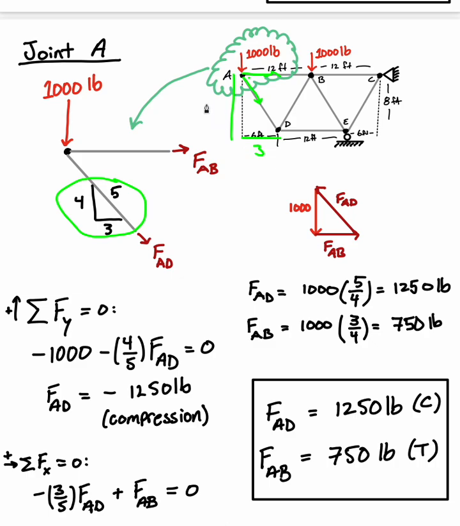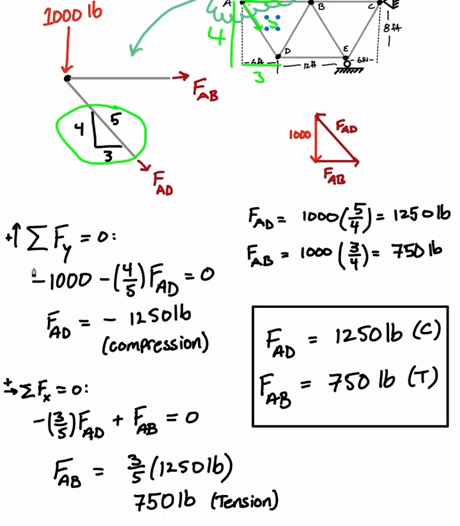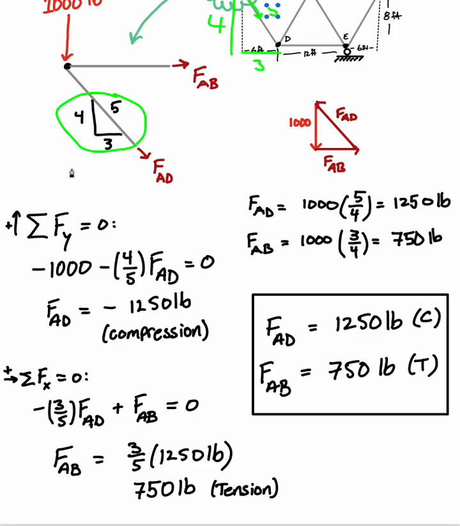So you could put 3 here if you divide by 2, 4 here, length of this is 10, so 5. Now, that gives us an easy way to get each force using the 3, 4, 5 triangle, which is basically just a ratio here. But we can also do the sum of the forces in the y direction.